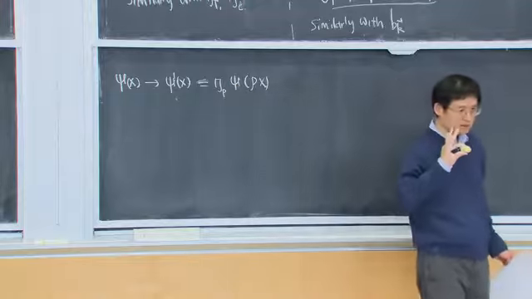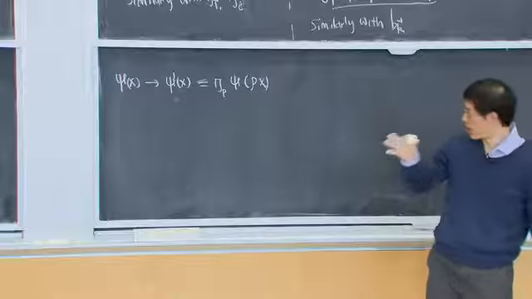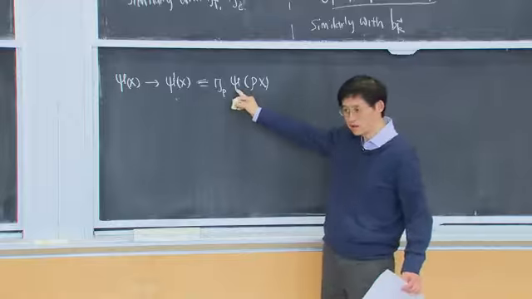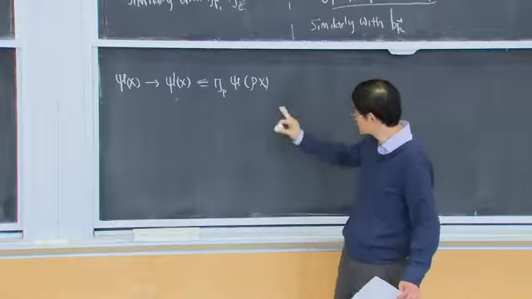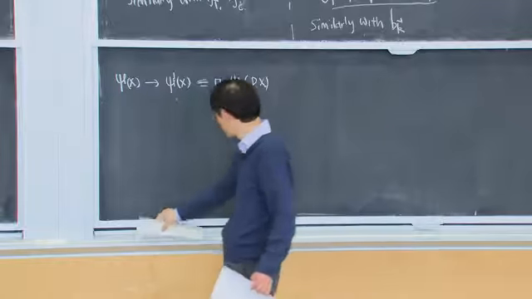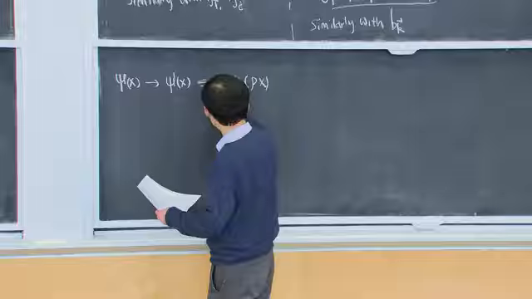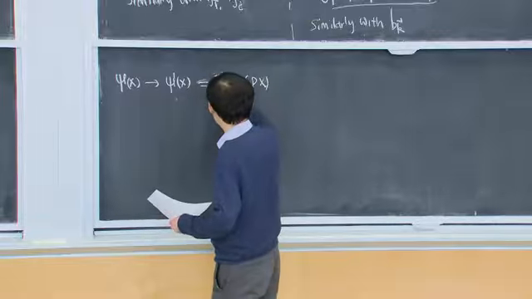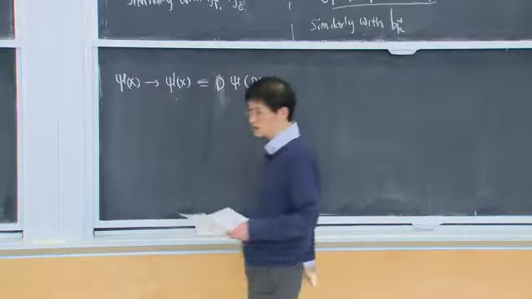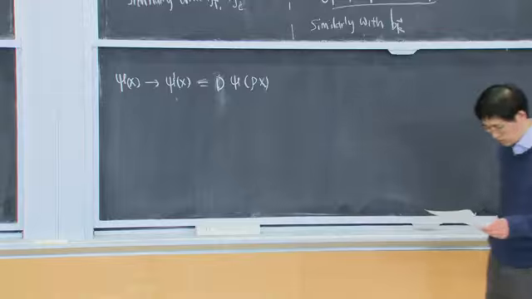So you would expect the most general parity transformation should also act on the internal space. The phase is not enough, so we actually have to put a matrix here. Let's call it D, and whatever phase will be absorbed in this D.